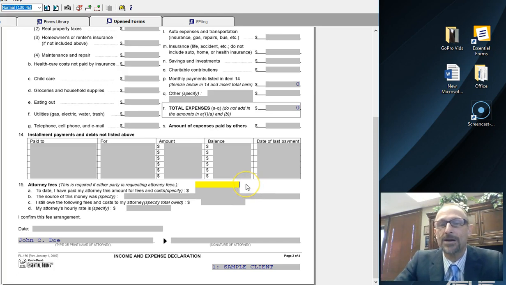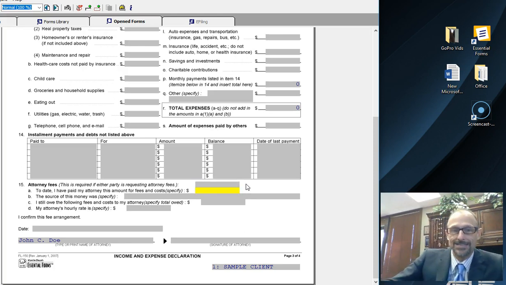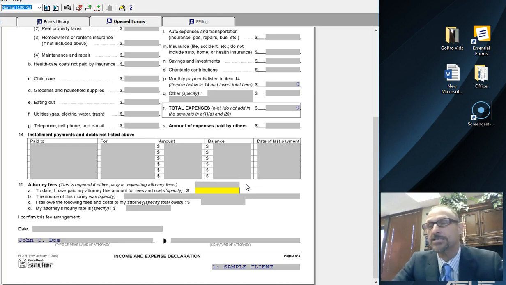You can put the amount of money that you have paid for your attorney's fees in that top box. The same number is going to go to the right on A. To date, I have paid my attorney this amount for attorney's fees and costs. If it's $5,000, $10,000, $3,685, or $187,000, whatever the number is, you're going to put that in there.